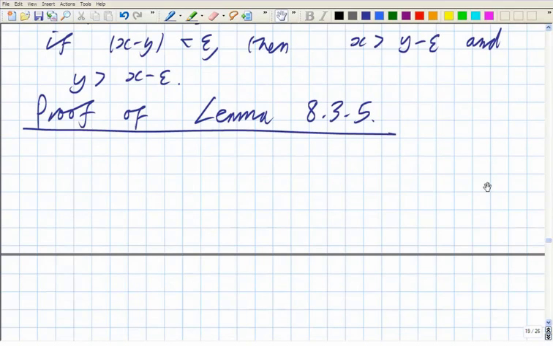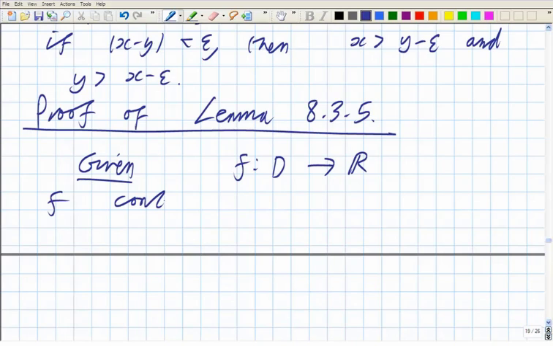We're given f defined on this domain D, taking values in R, continuous. We're given a point A in your domain, and we're given that f of A is positive.